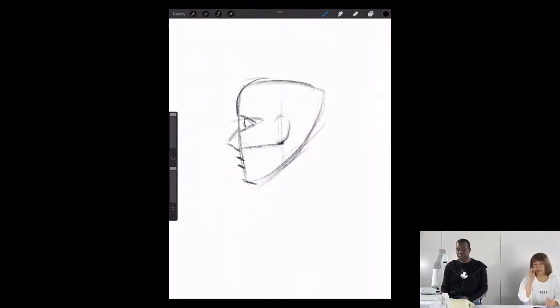And then the top of the ear should be roughly around where the eyebrow would be. So, if you guys keep that in mind as you're drawing, you should have a good sense of how far you should place the ear and also how large the head actually should be, really.